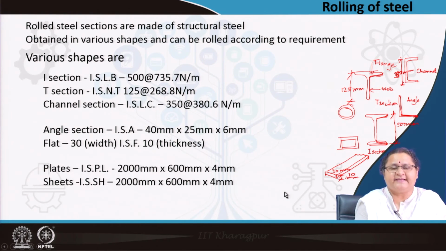You may have plates and sheets, ISPL, ISSH, that give the dimensions of the sheet. See, 2000 into 600 into 4 millimeter. So, these are the various types of rolled section available, and these can be directly used for construction purposes.